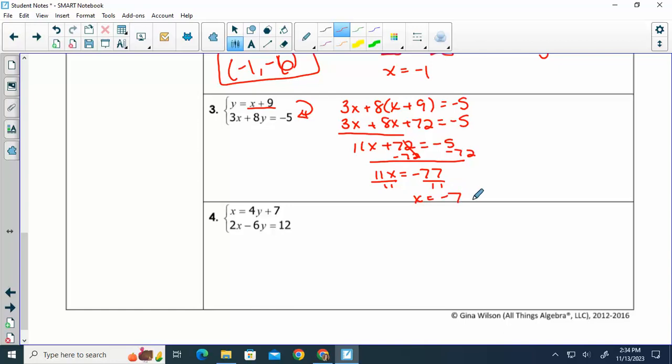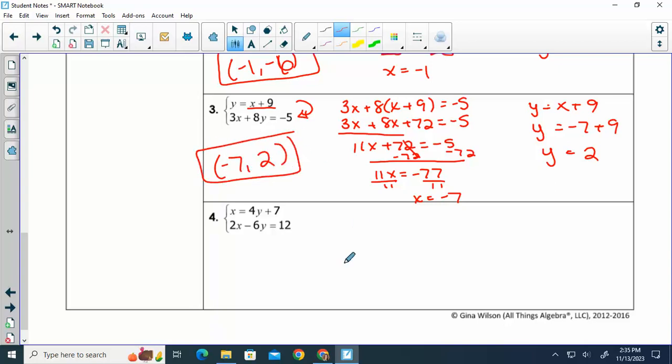And x is -7. Where would you plug that in to get your y? So I replace my x with a -7. -7 plus 9 is 2. So my ordered pair is -7, 2.